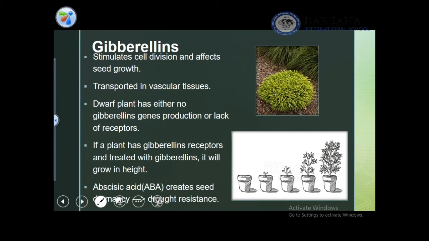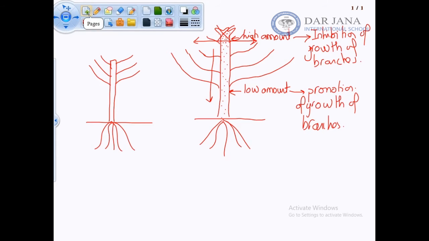Imagine that we have a plant here. We are going to take an example: a dwarf plant, for example. The receptors of gibberellin are available, but the hormones are not available.